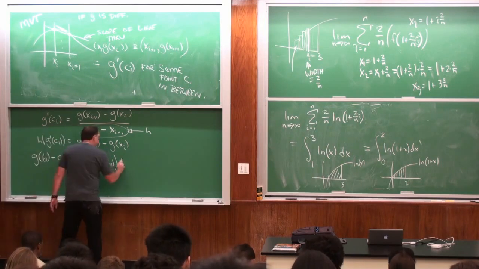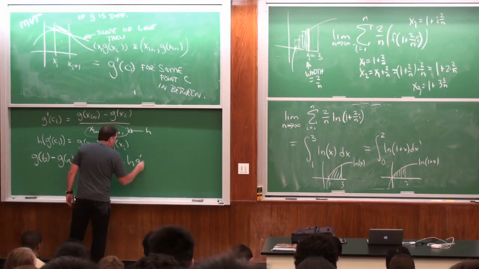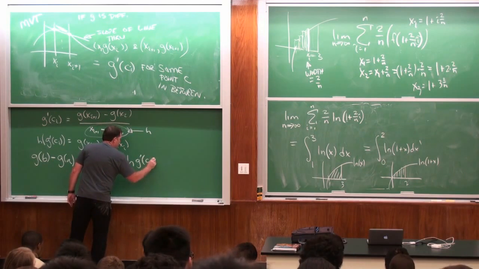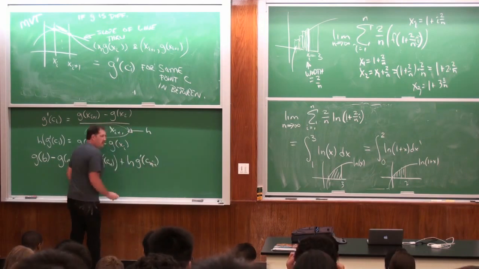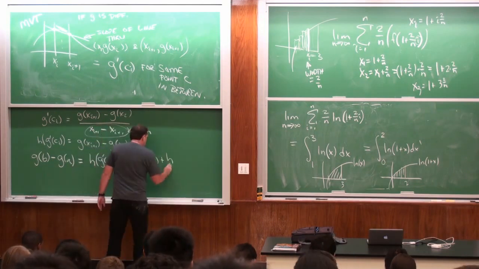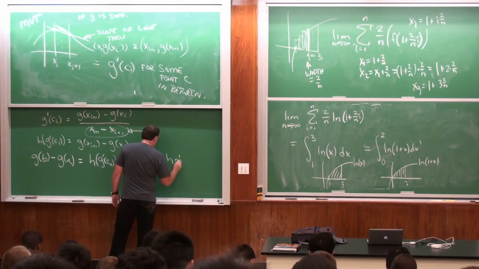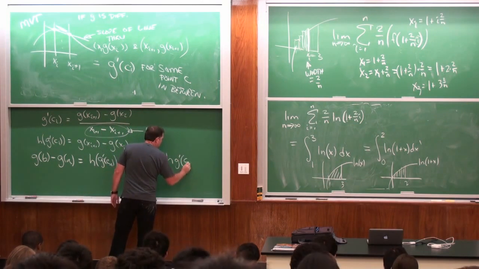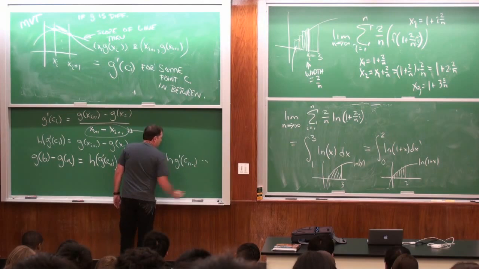And the second thing is h times g prime of Cn minus 1. And the next one, h g prime of the next one. And so on.